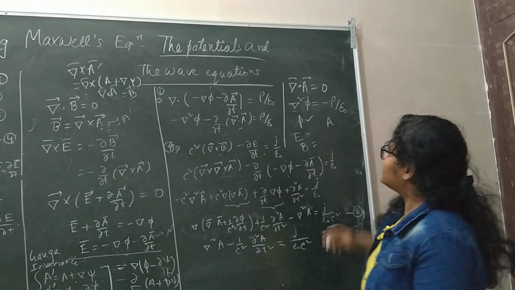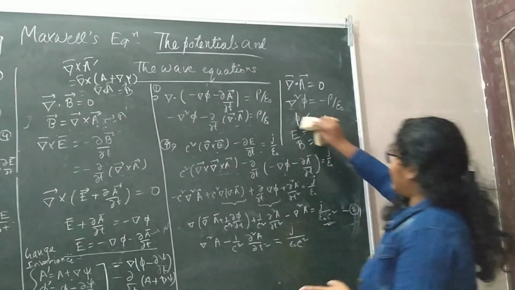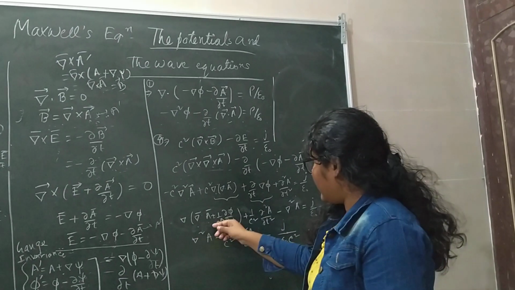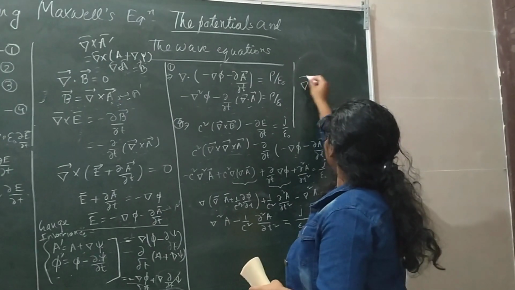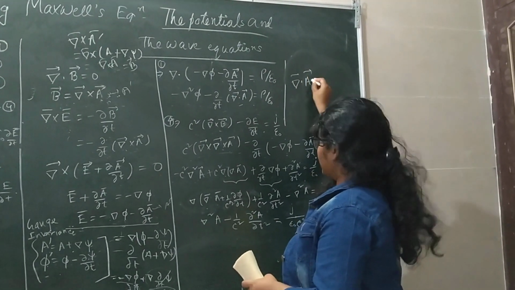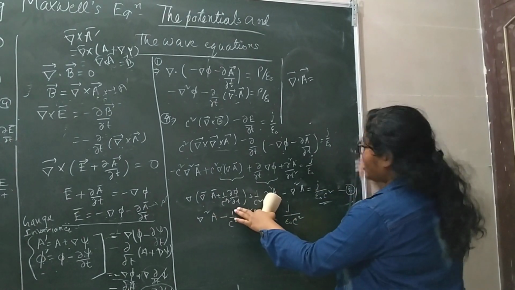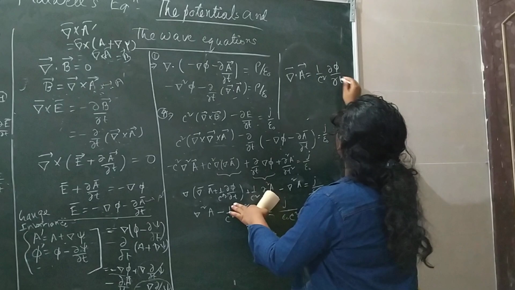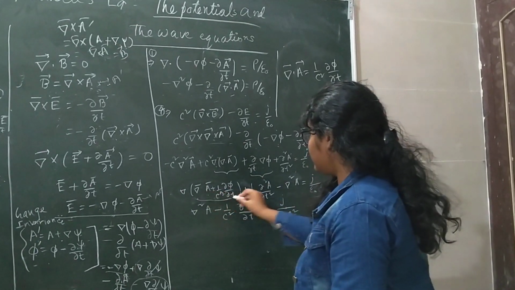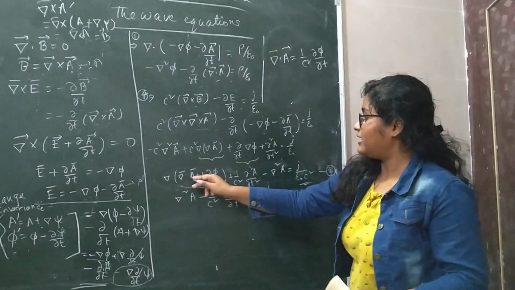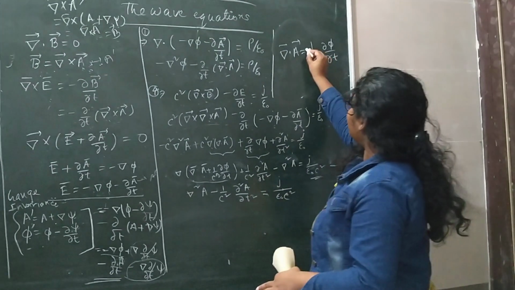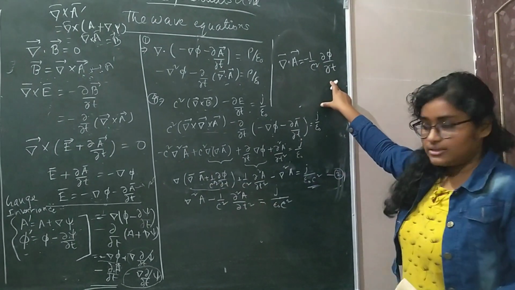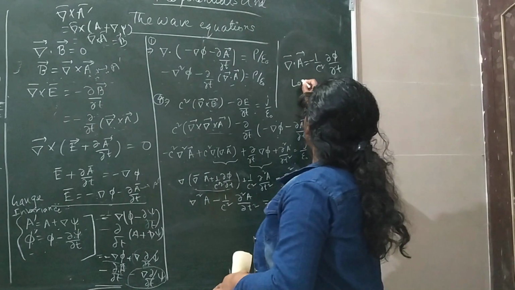This is called Coulomb gauge. And another choice you can also make, that is del dot A equals to minus 1 by c square into del phi by del t. So this term will be cancelled, this term will be 0, and this is called Lorentz gauge.